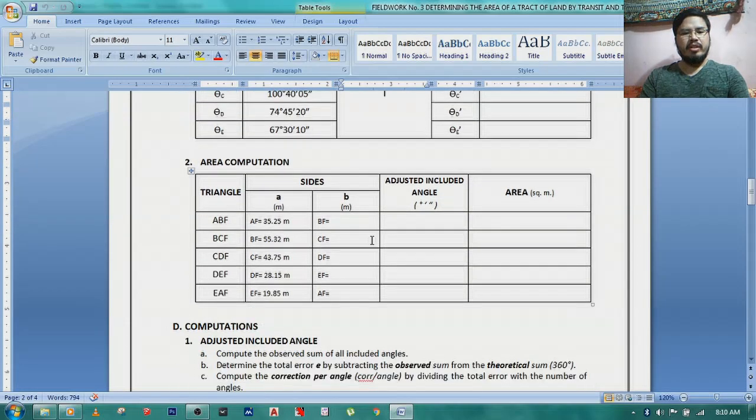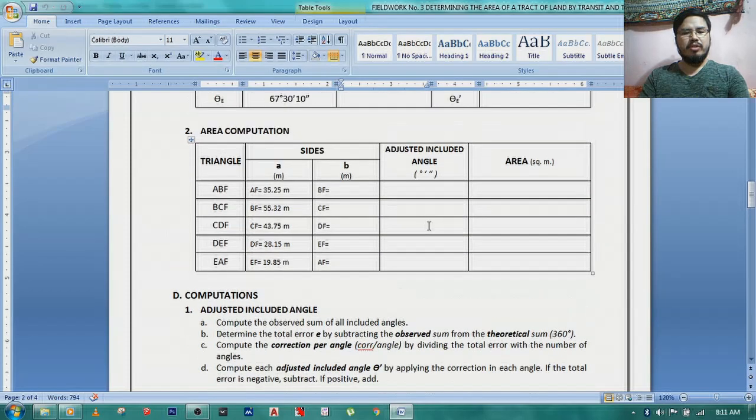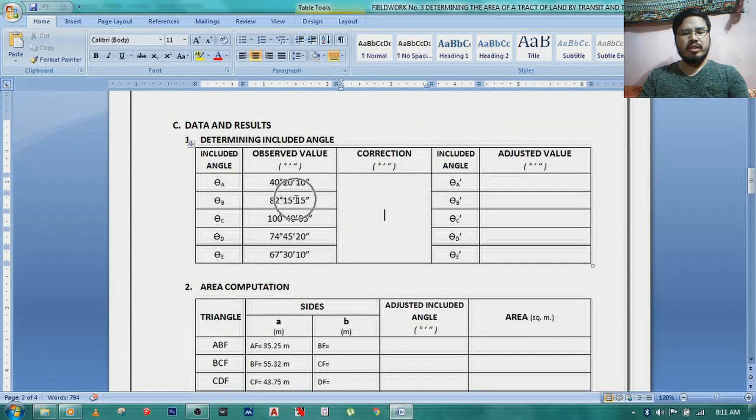Now the first part of our computation is the adjusted included angle. We are going to adjust our observed angle. So why do we have to adjust our observed angle? The answer will be further discussed later.